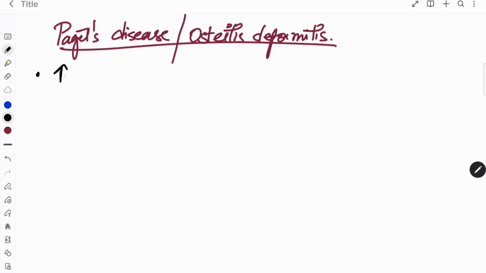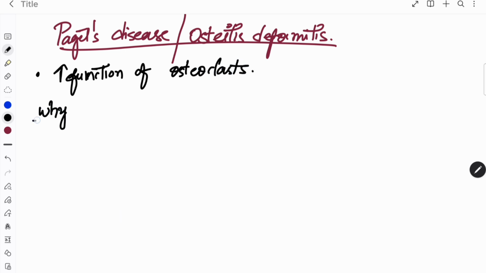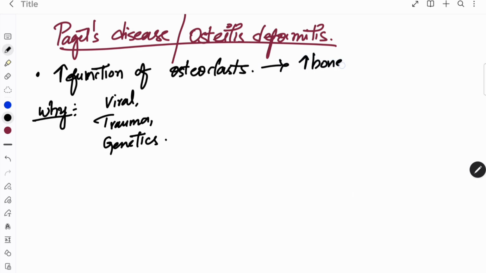In the osteoclast, it is due to the increased function of the osteoclast. So why is there an increased function of the osteoclast? Either it may be due to viral infection or trauma or due to genetics. So this increased osteoclast causes increased bone turnover.